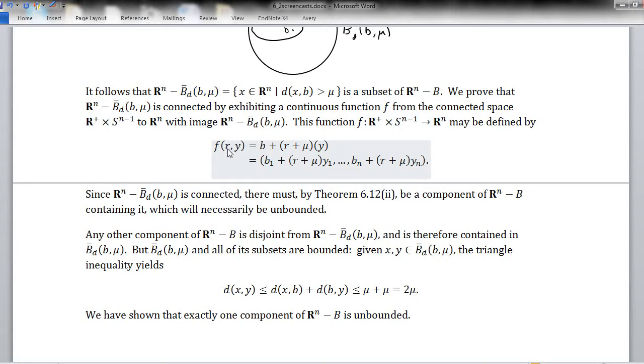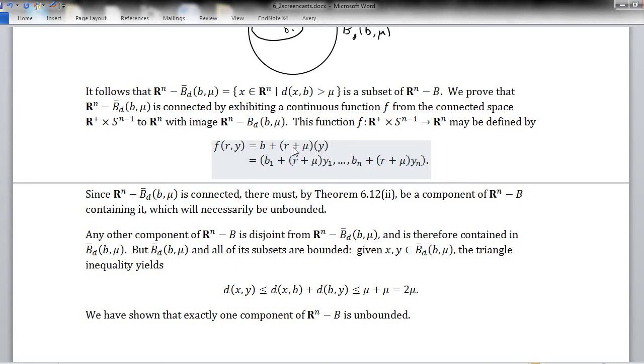Fix some r value, and I'm going to map all these different y values. I'm going to take my b, and I'm going to expand this unit sphere by a factor of r plus mu.